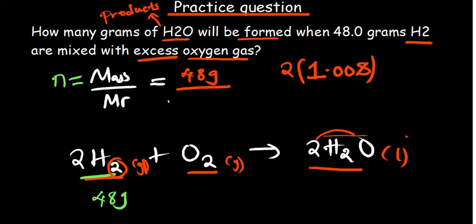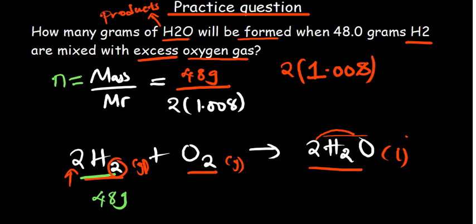So 2 times. Now notice that I'm only using the subscript. I'm not using the coefficients. I'm using the subscript. So if we had a 3 there, I was going to multiply by a 3. Okay. So now grab your calculator there and perform the calculation. You'll see what you're going to have.